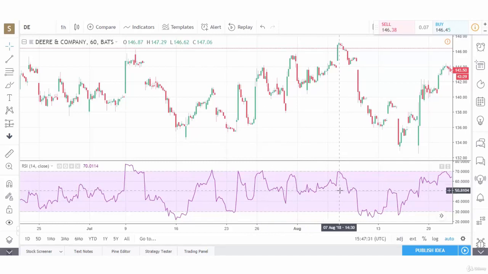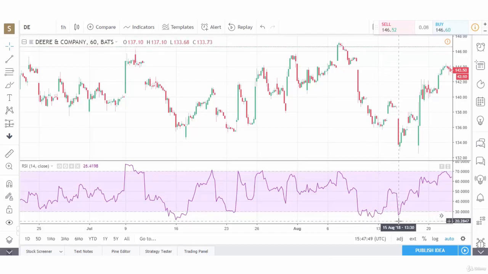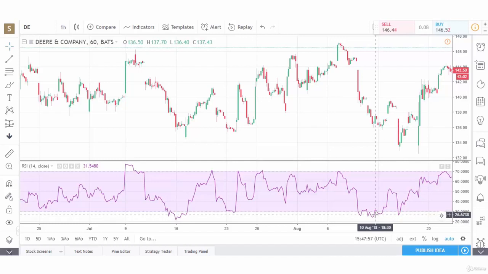The stock does turn down at this point, and we get several oversold indicators in a row here, another one here, and you'll see a divergence here. The indicator isn't dropping as much as the stock, which is lower.